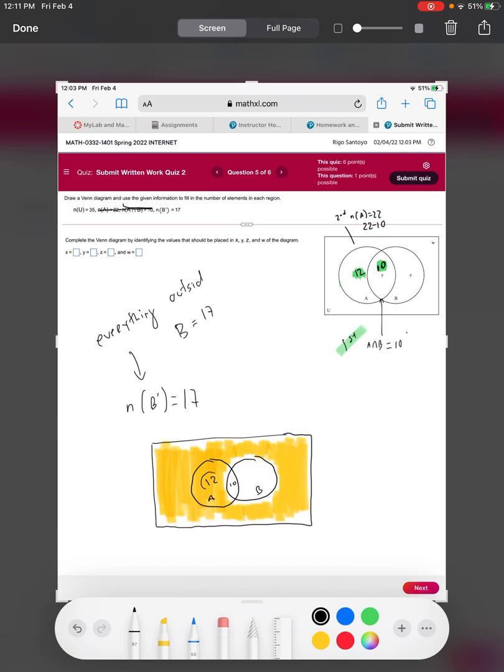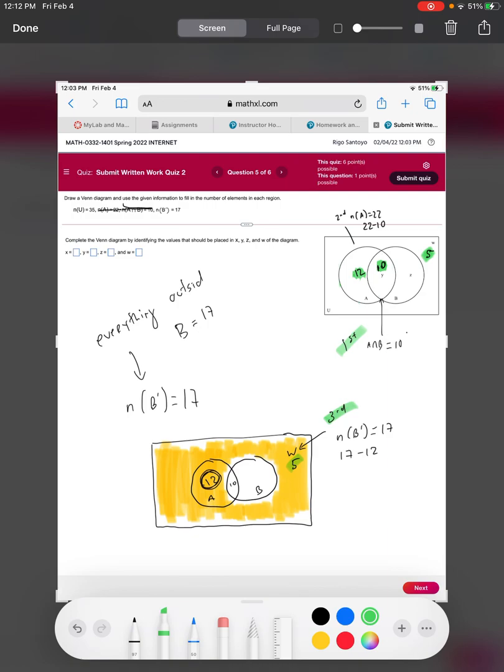Well, we already know that part of it is 12. So in order to find what W is, all we have to do is from this 17, subtract what we already know, which is 12. And when we do that, that tells us that W is 5. So now we have our next number. That was our third step, telling us that W is 5 right there.